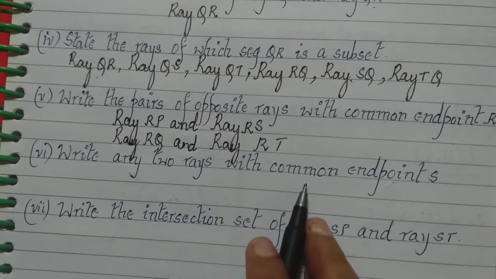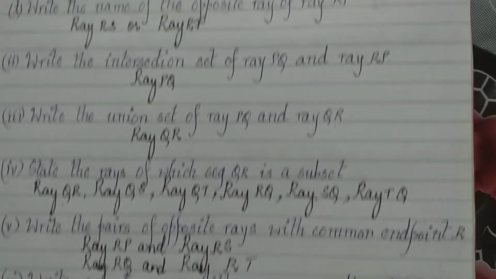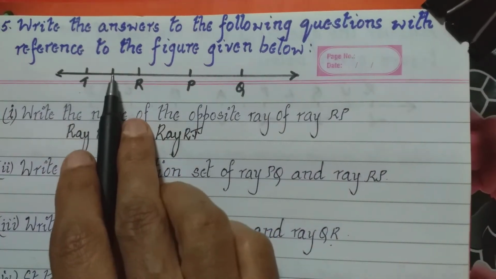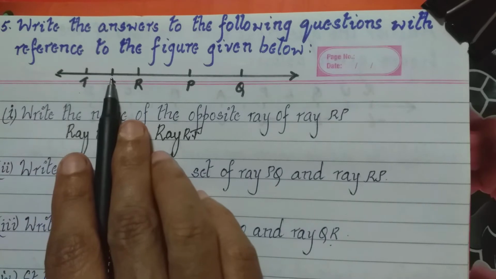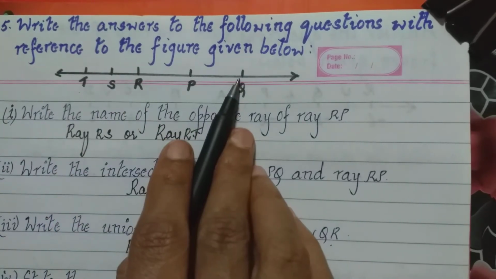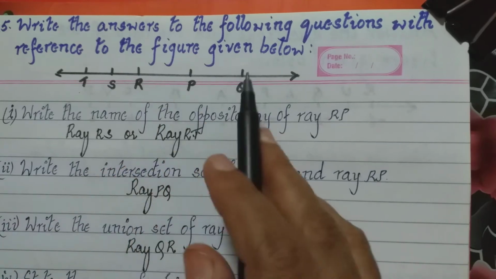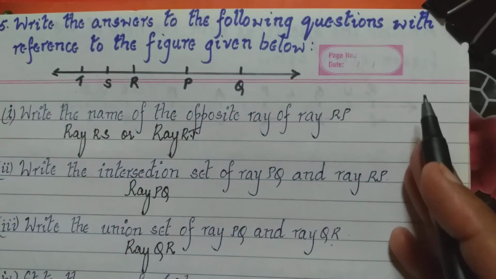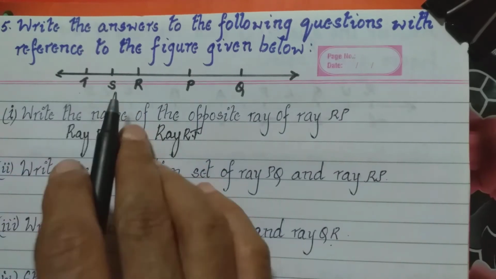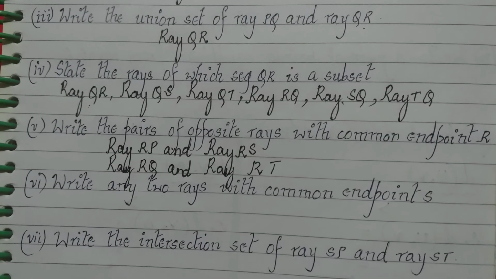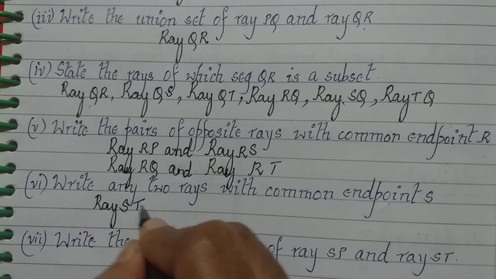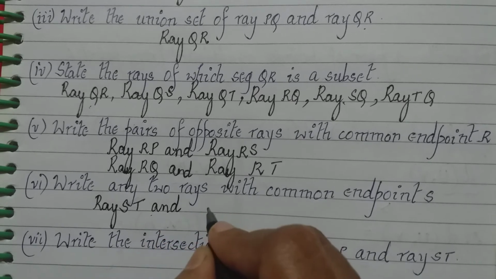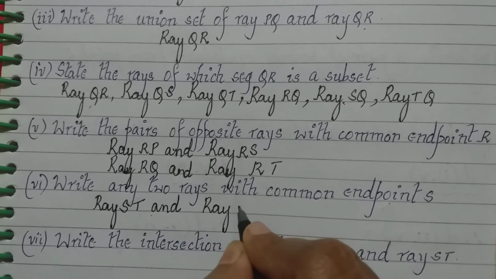Now the next one. Write any two rays with common endpoint S. We look at the figure. With the endpoint S, we can write ST, SR, SP, SQ. They said we have to mention any two rays with common endpoint S. So I'll write ray ST and ray SR. These are any two rays.